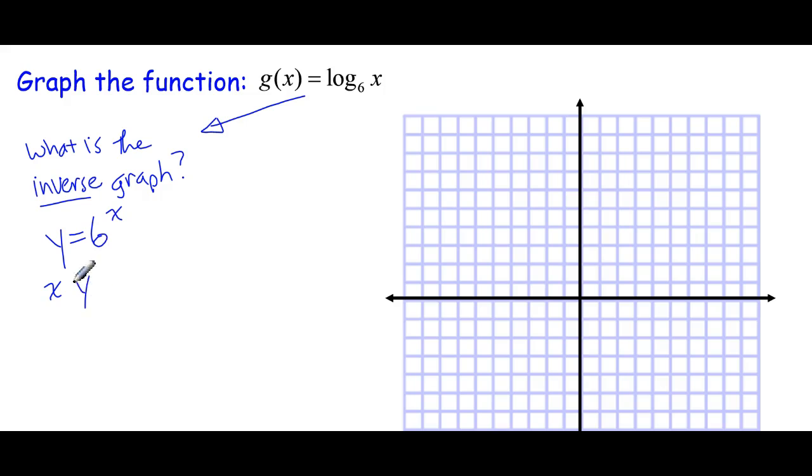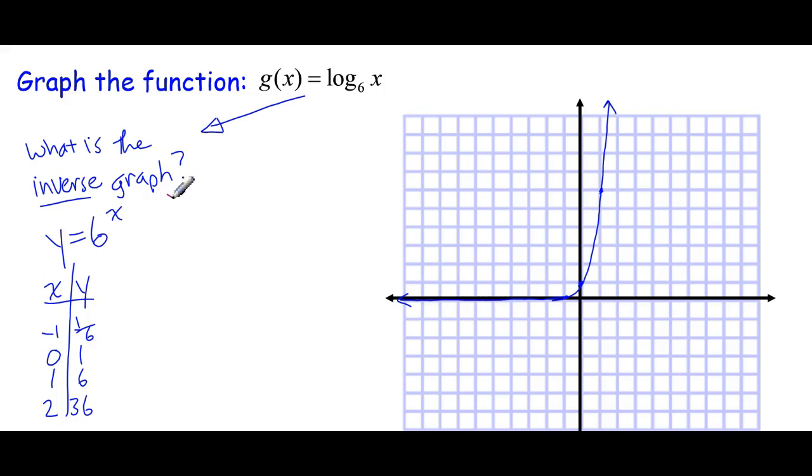And you can still use a table of values if you like. It's pretty easy. It goes up really quickly. By the time you plug in 2, it's going to be off the top of any reasonable sized graph paper. And if you plug in negatives, of course you get fractions. 1, 2, 3, 4, 5, 6. So y equals 6 to the x looks like this.